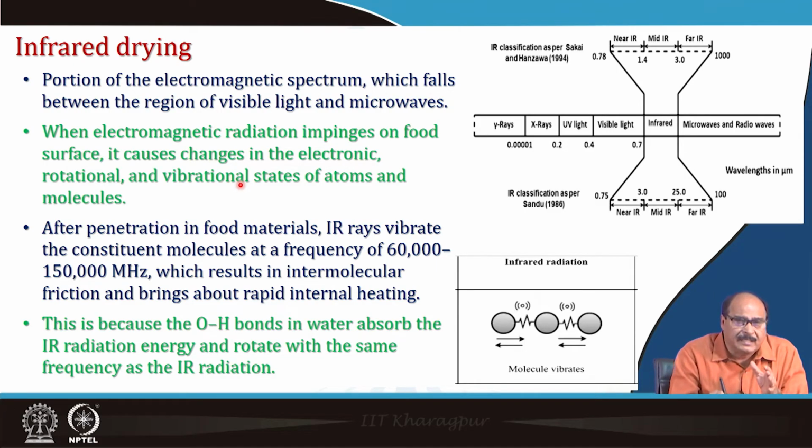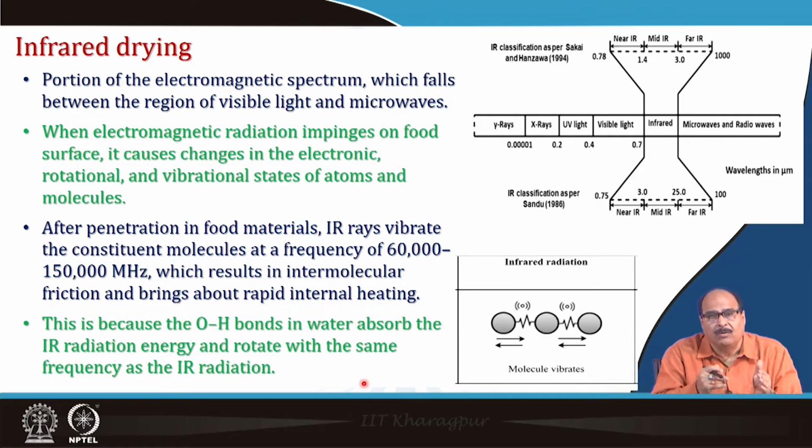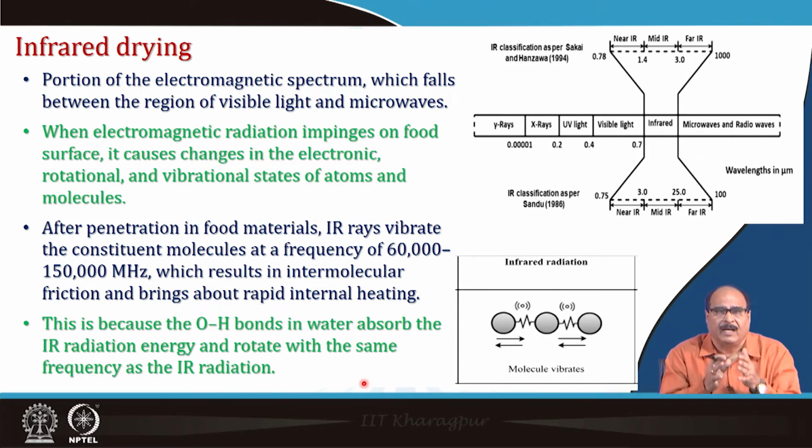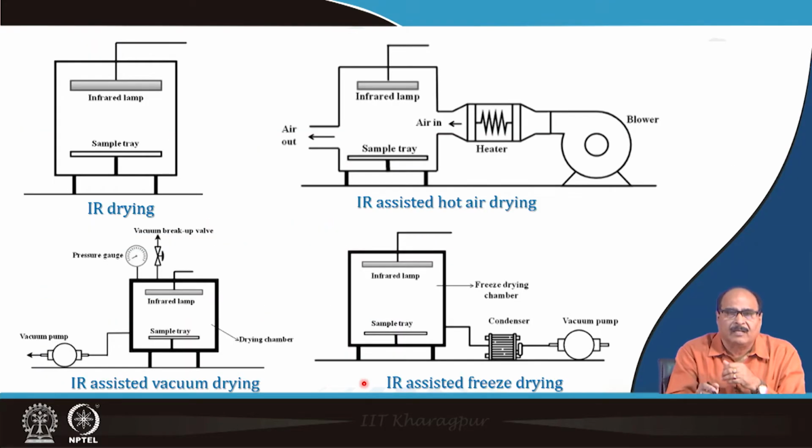After penetration into the food materials, infrared rays vibrate the constituent molecules at a frequency of around 60,000 to 150,000 megahertz, which results in intermolecular friction and brings about rapid internal heating. This is because the OH bonds in water absorb the infrared radiation energy and rotate with the same frequency as the IR radiation.